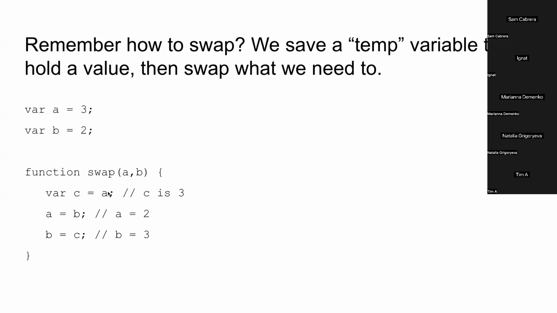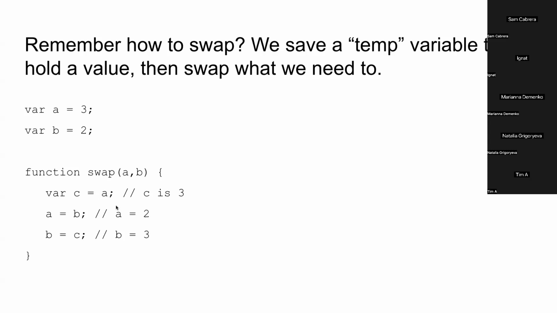So simple number assignment is O of 1. If we're doing a more complex data type, so if this were an array, and that array is the size of our input, that's O of n. If it's a matrix, that matrix is the size of our input, O of n squared. Okay, so it's a really good question, Ignat, and we want to do this in place. We're not creating a new data structure. We can use variables to hold things, but those are all O of 1 constant time.